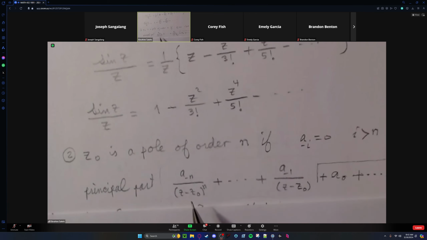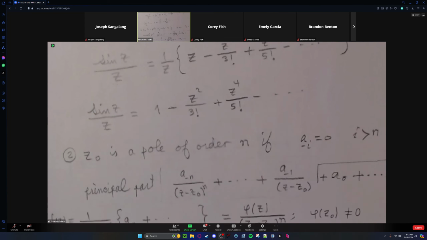The largest exponent of z minus z naught in denominator, that is what we call the order of the pole. So in this case, we call z naught a pole of order n. And if we only have this term here, we call it a simple pole, right? Simple pole.